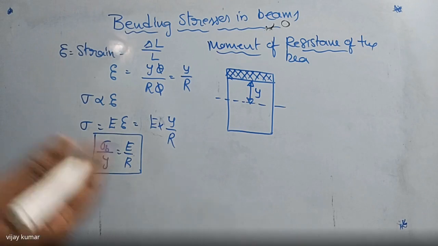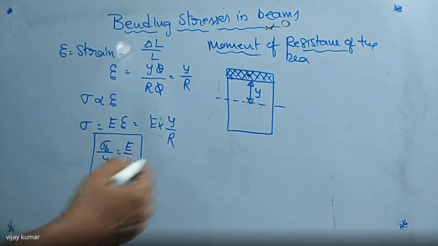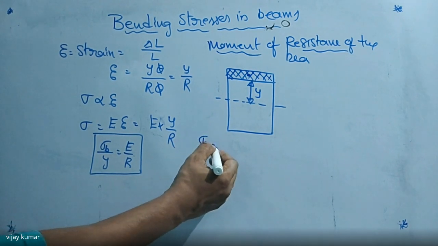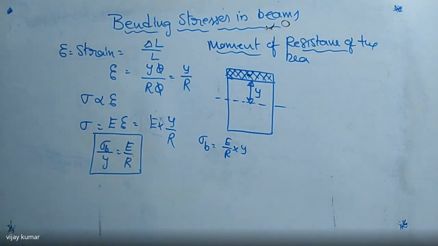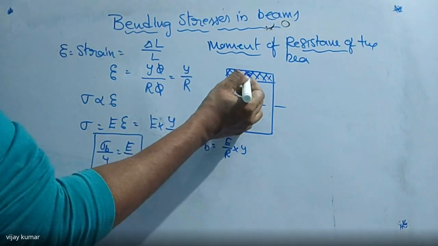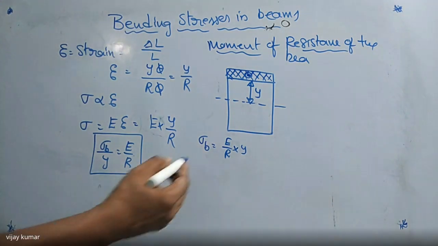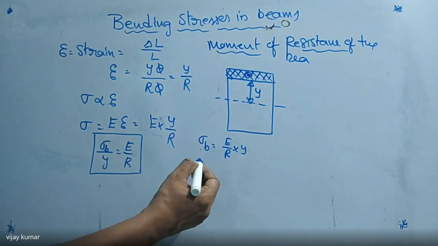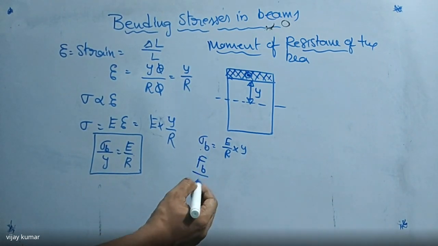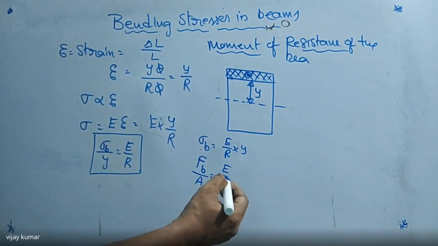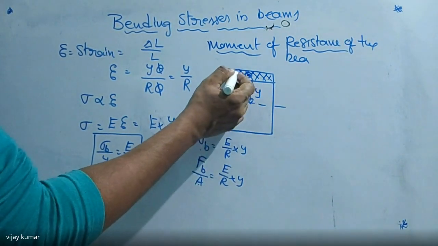So what is the stress on this element now? Bending stress is equal to E by R into Y. I want to find the bending force on this element. Moment is nothing but force into perpendicular distance. Bending stress is bending force divided by area, which is equal to E by R into Y. But this area belongs to the small elemental area.